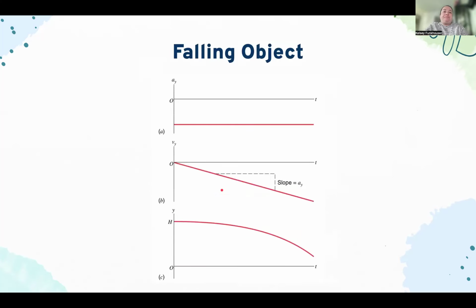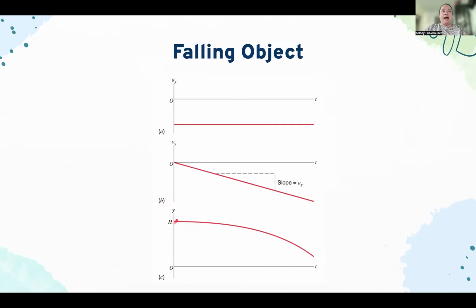And then a brief look at these graphs for a falling object, starting at the bottom again with position. This time we're in Y. Normally in physics, X is horizontal and Y is vertical, and when we're talking about falling, we generally think of that as vertical motion.